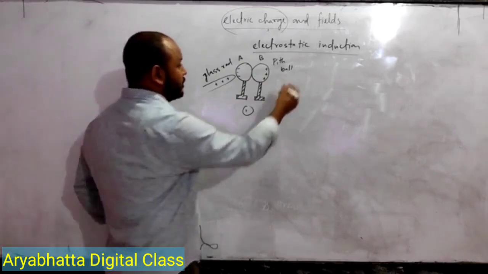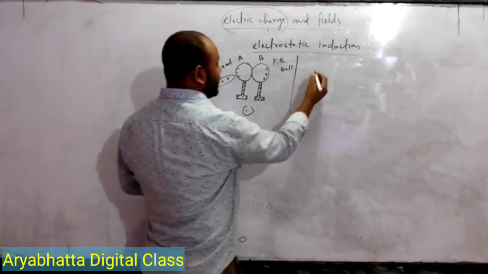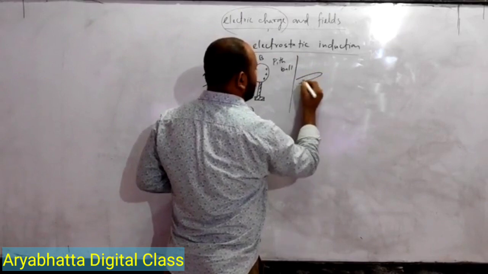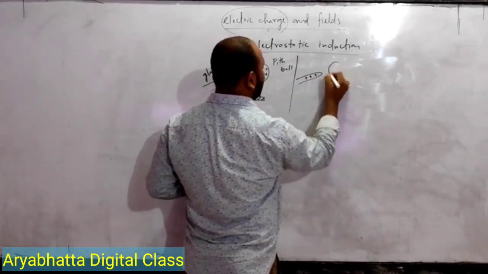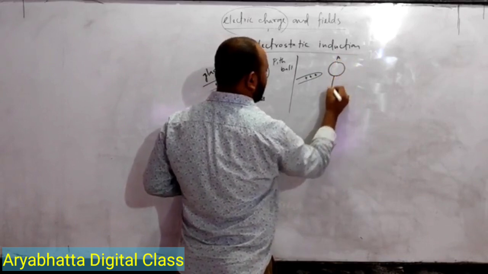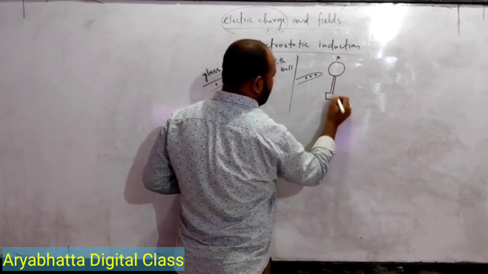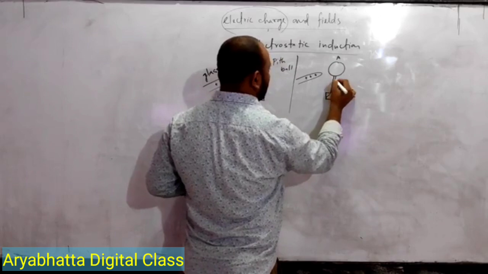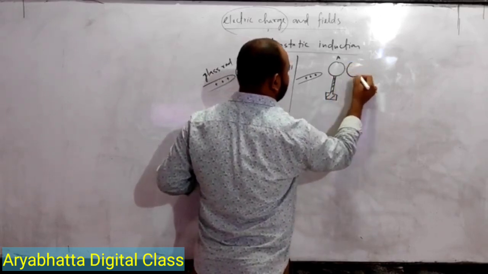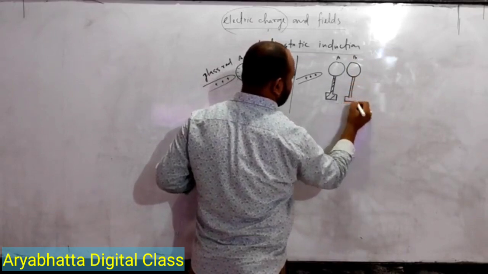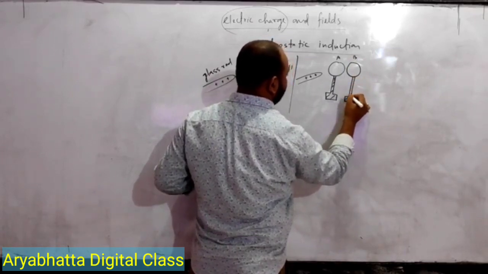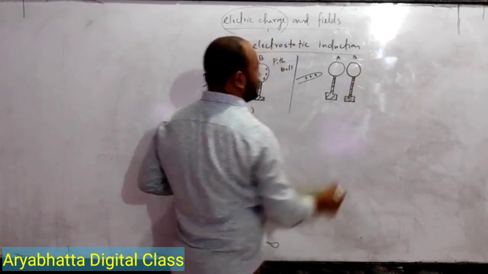In the second picture, keep the glass rod near to the conducting ball A. Just make a slight separation between the two bodies.